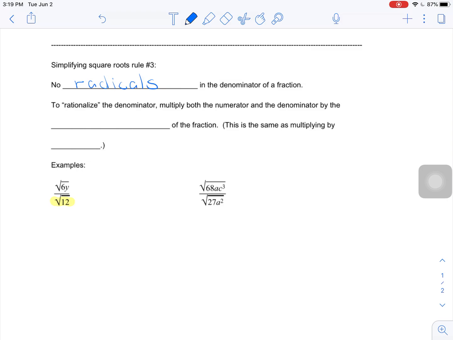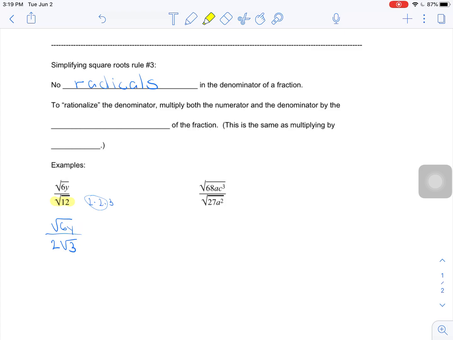And we know that 12 breaks down into 2 times 2 times 3. 2 times 2 is 4. That's a perfect square. So we can take this problem and we can rewrite it as the square root of 6y divided by 2 times the square root of 3. So that's why I said I like to simplify as I go. The top part right now, we can't do any simplifying.